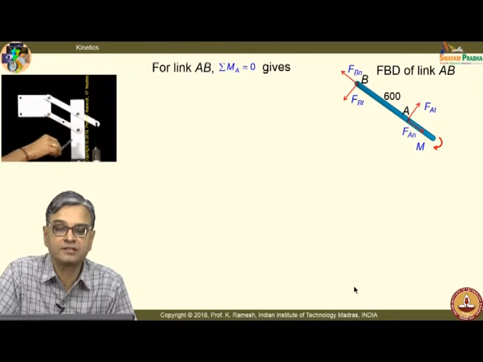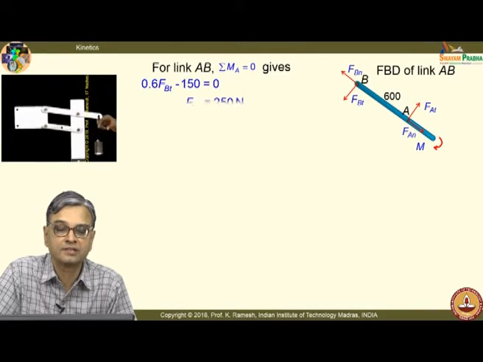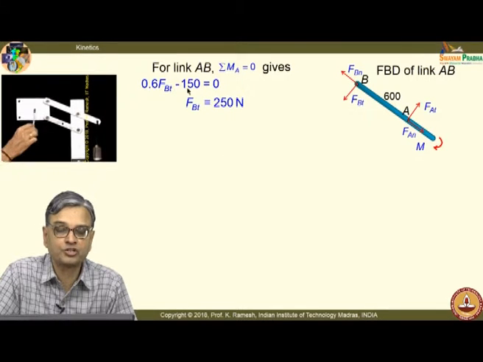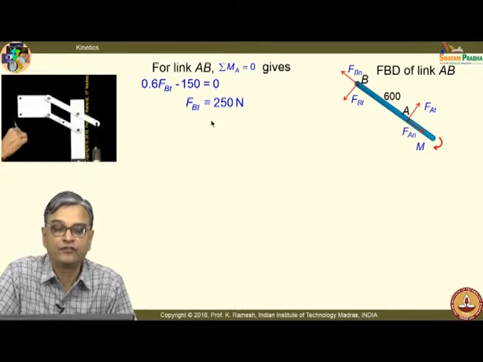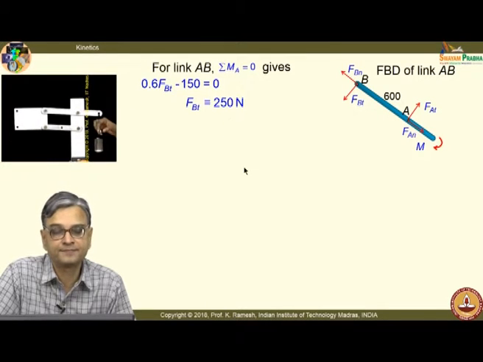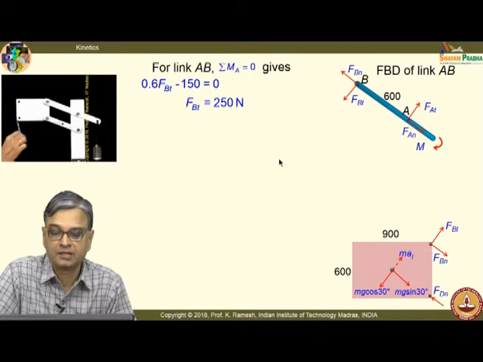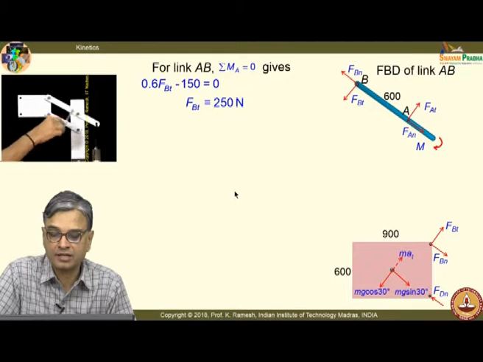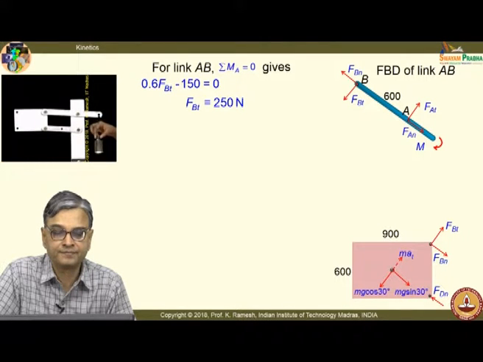Sum of moments about A equal to 0 gives, I am in a position to find out the force FBT, that is equal to 250 newtons. Please check the arithmetic, if there are any differences bring it to my attention, and I have the sketch of the plate shown here for easy visualization.